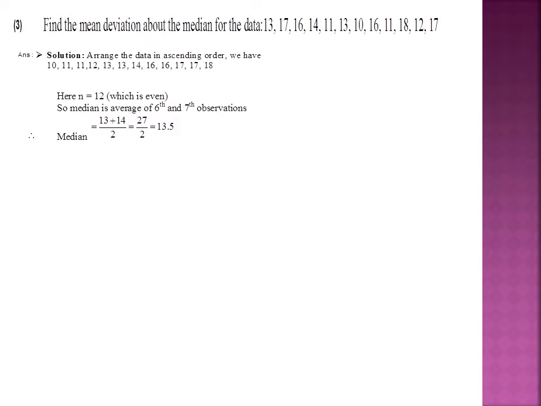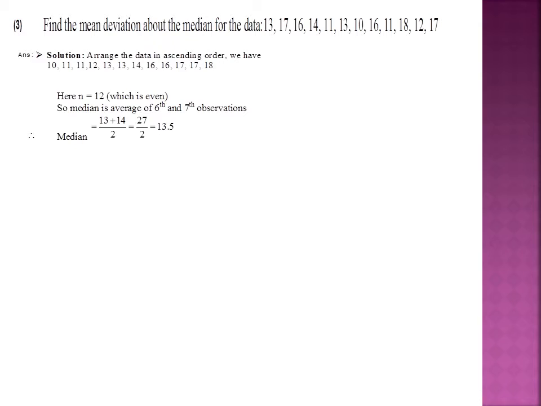So the median M equals the n by 2th observation plus the (n by 2 plus 1)th observation, this whole divided by 2.